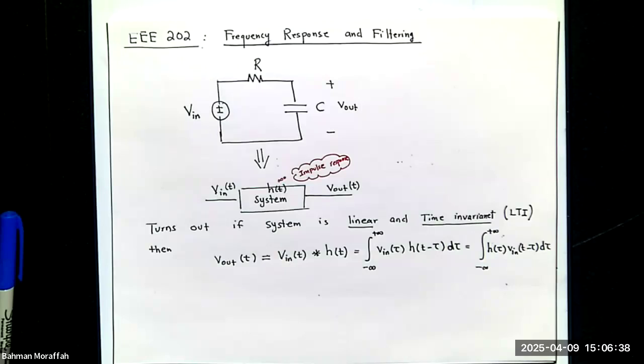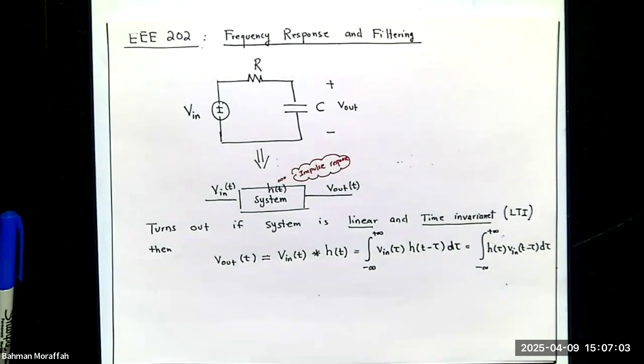But looking at the integral, it is quite scary. Why? Because look at the first definition of it. What I need to do is look at h of t, take the inverse of it, then shift it by this t, and then sweep it over the input and find the area underneath.